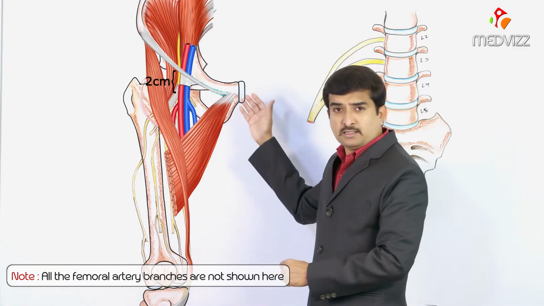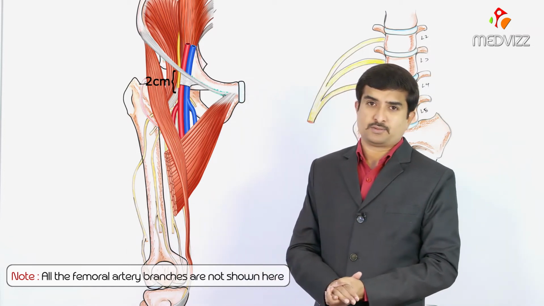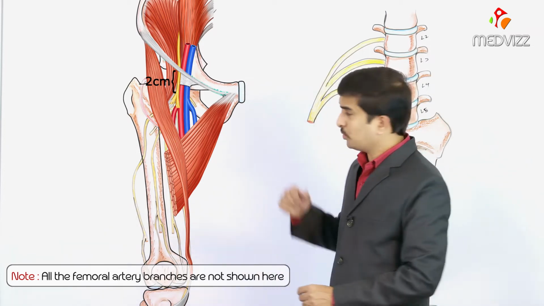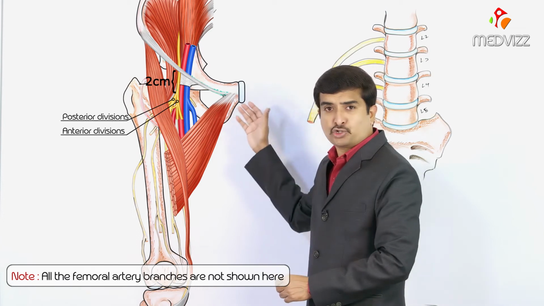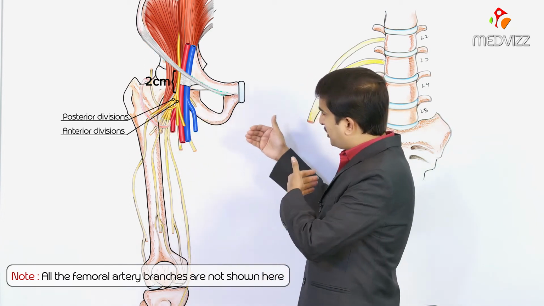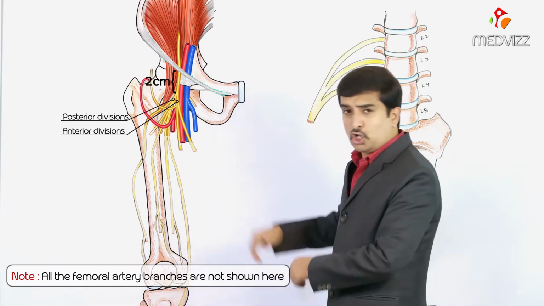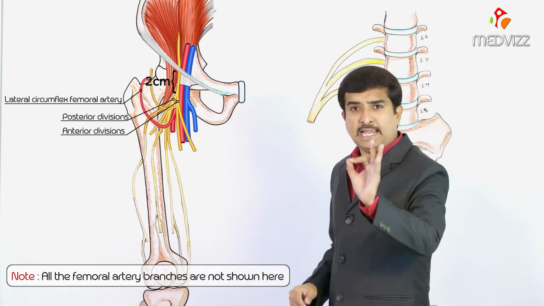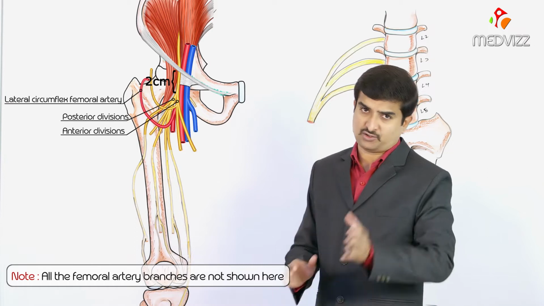About 2 centimeters below the inguinal ligament, it splits into anterior as well as posterior divisions in the femoral triangle, and these anterior as well as posterior divisions are separated by the lateral circumflex femoral artery.